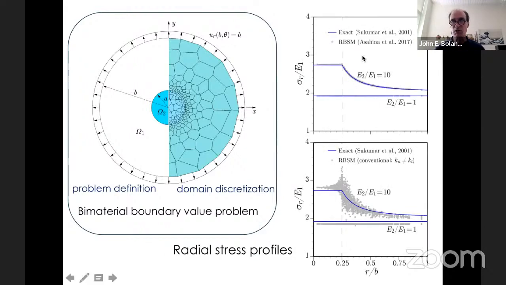And when we do so, the approach that Dr. Asahina did, so Poisson's ratio is obviously important here, almost matches theory. This is for the case where there's a stiff inclusion, it's 10 times stiffer than the surrounding matrix. This is the case where it's just a homogeneous material. So either way, we follow the exact solution fairly closely.